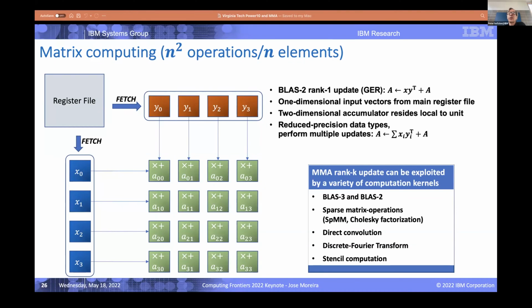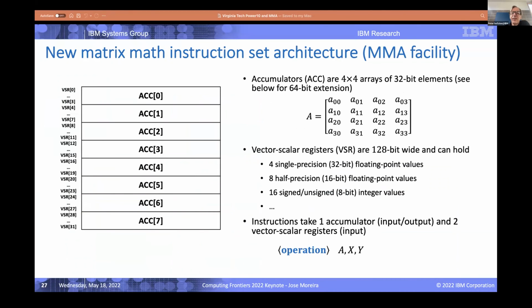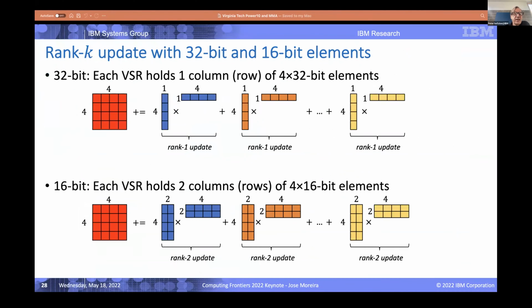Now this all works out simply for 32-bit float. If you have other data types, it works out a little bit differently.